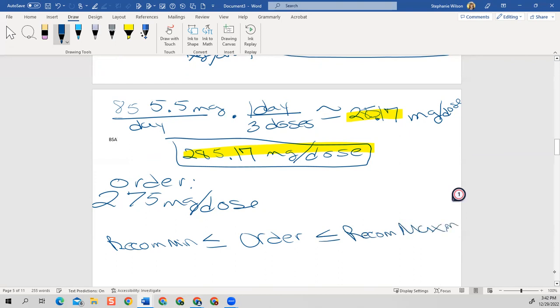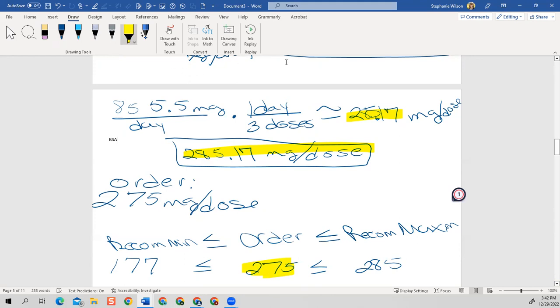All right. So if we look at it, my recommended was 177. My order is 275, and my maximum was 285. If the order falls between them or equals them, then it's safe.